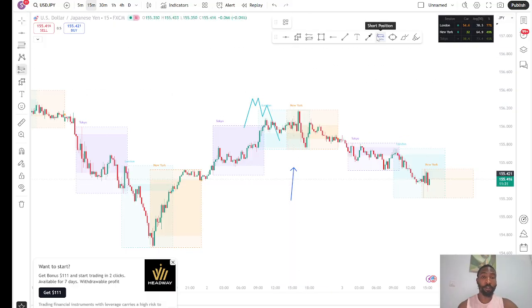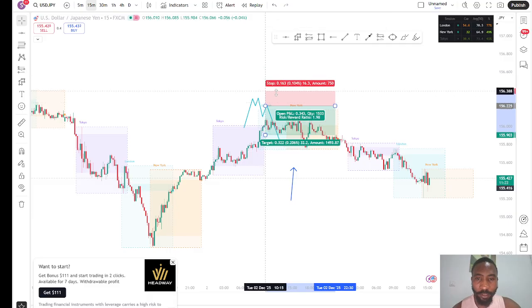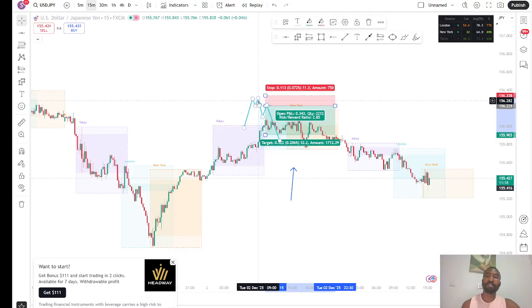I don't know if many of you know how to use TradingView, but here will be your stop loss and your entry. Your stop loss will be above the high. If the market breaks above this high, it means the trend is not valid anymore.